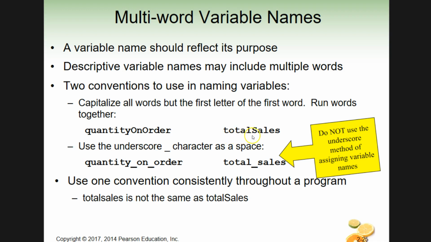What we're going to do is take the words and start with lowercase, and then the first letter of the next word will be capitalized. Same thing with quantity on order. It makes it a little bit easier to read when we capitalize the second word, and this is the naming convention that we will use.